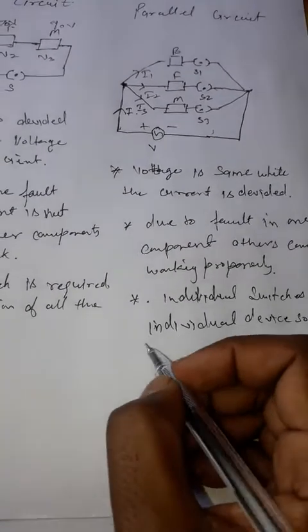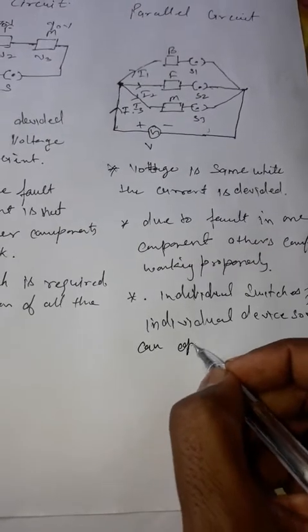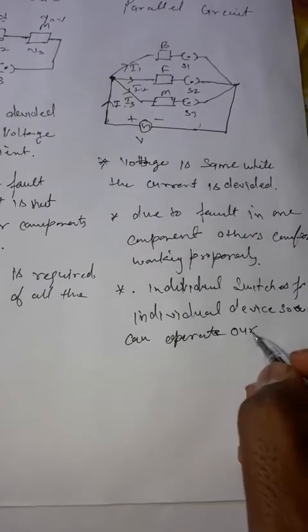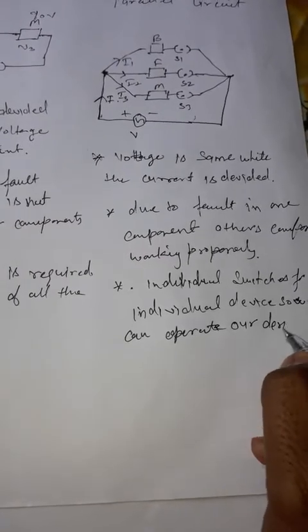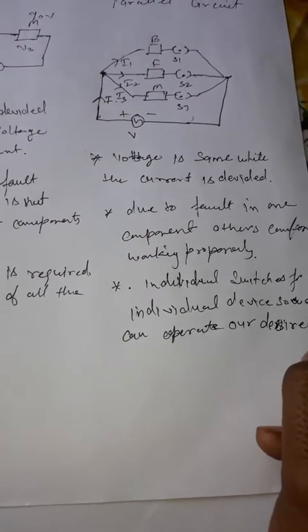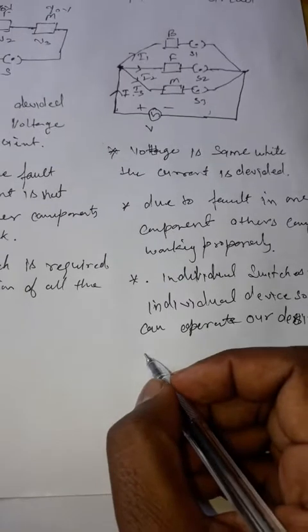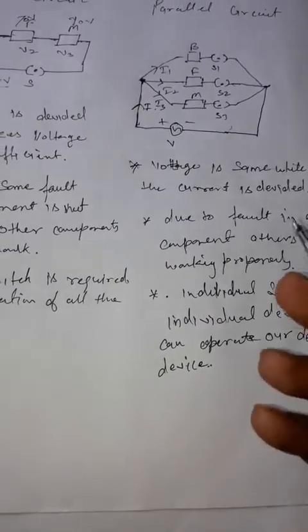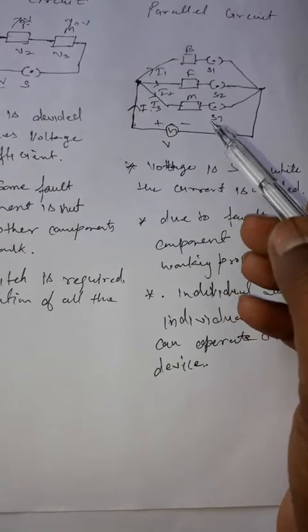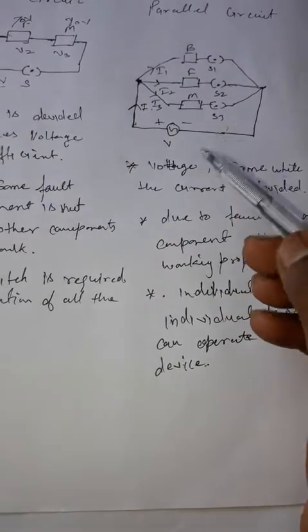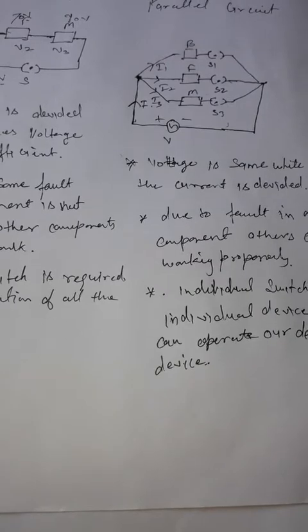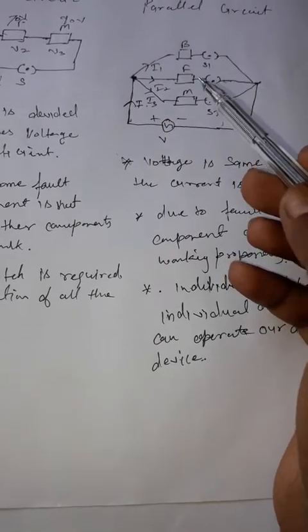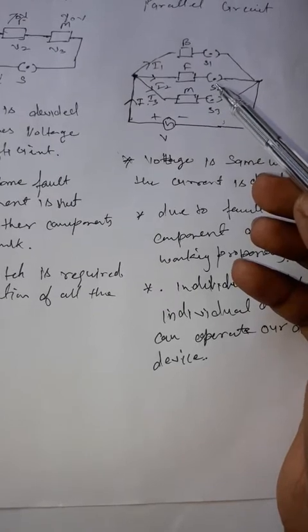So we can operate our desired device. There is no need to switch on all the devices at a time. If we need only the bulb, then we can switch on the bulb. If we need the fan, then we switch on the fan individually.